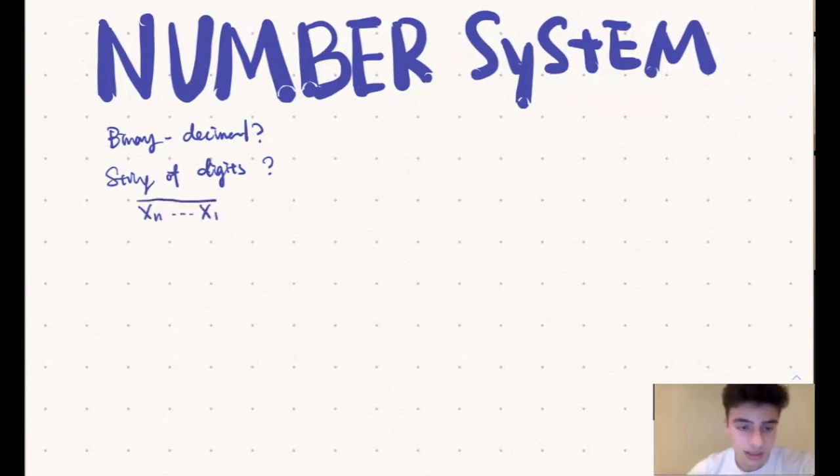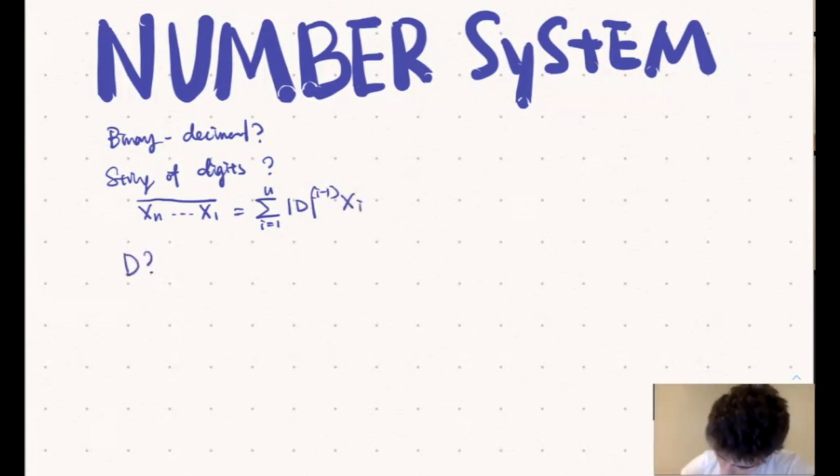as a sum from i equals 1 to n of the cardinality of D, which we'll define in a second, to the power of i minus 1 times xi. So what is D? Well, D is actually the set of digits in the number system that we're working in.